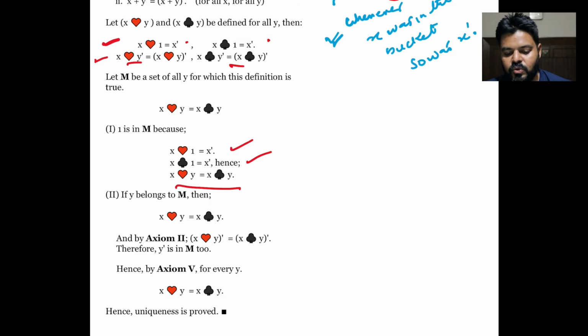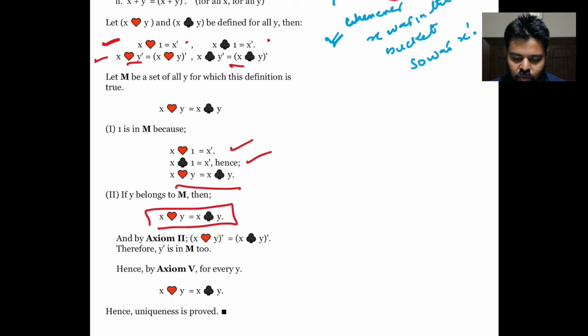And the second part is to show that whenever x is in the set, x prime is also in the set. So we have this condition that x heart y and x trefoil y, this is the way we have defined it. And by what was axiom 2? You have to recall axiom 2. Axiom 2 was that whenever two numbers are equal to each other, their successors are equal to each other, and they were unique successors.